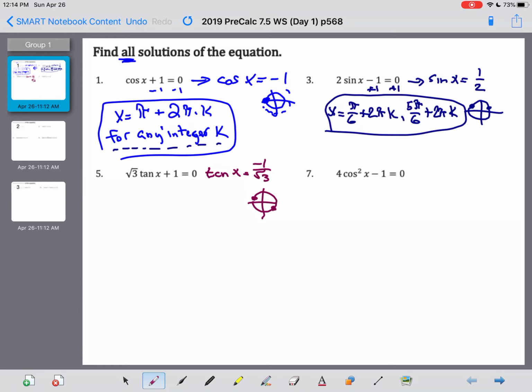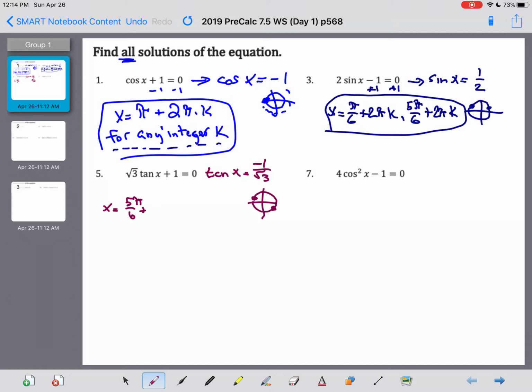So we have 2 spots on the unit circle. So this second quadrant spot is going to be at 5 pi over 6.